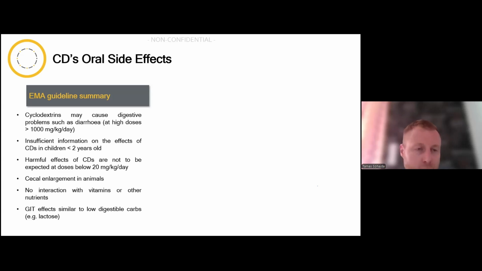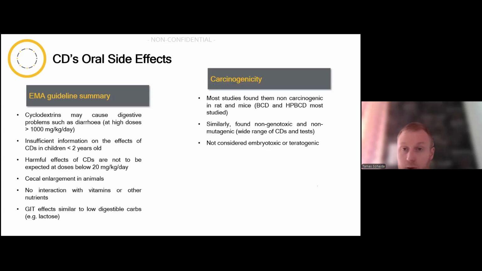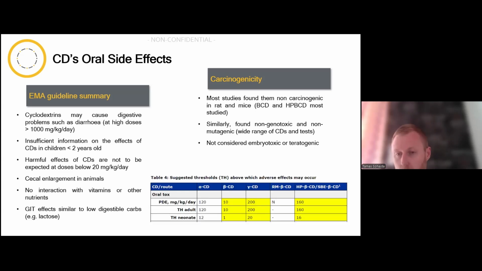But apart from that, especially in the approved dosing, we cannot really talk about any side effects of the cyclodextrins. Interestingly, nor can we talk about any evidence of them influencing the absorption of other ingredients like vitamins or other nutrients. Data says no carcinogenicity, no genotoxicity. They are not teratogenic, embryotoxic, so they are very safe to be used.